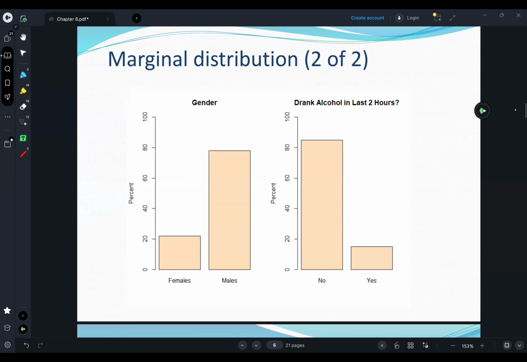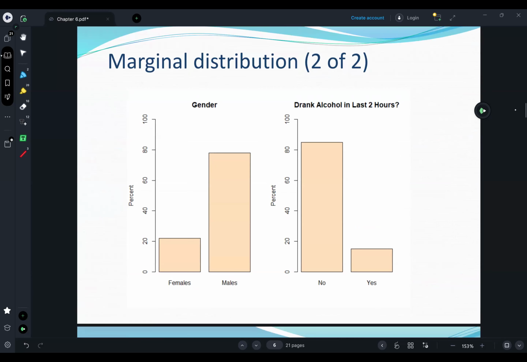So here they are, just looking at the marginal distribution for just gender. You can see in the bar chart there are a lot more males than females in the study, and visually you can see that. Same with the answer to the survey question: there were a lot more no's than yeses.